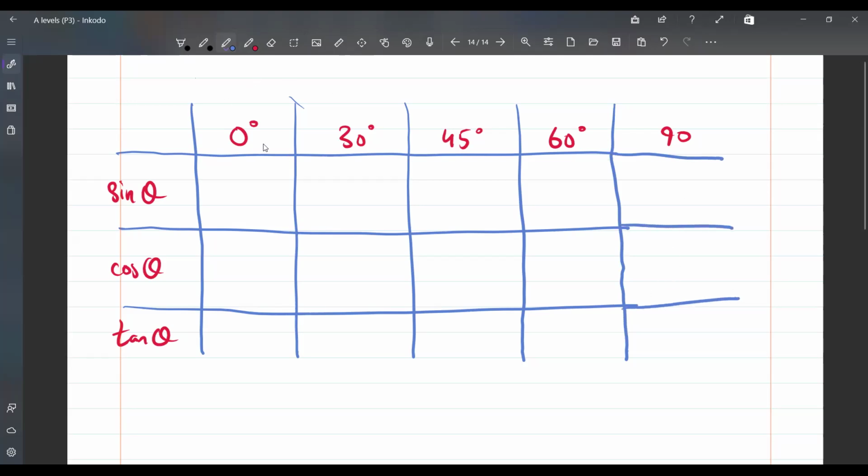And if we write the same values in radians, that would be 0 is 0, and 30 is pi upon 6, 45 is pi upon 4, 60 is pi upon 3, and 90 is pi upon 2. So the values I would be writing are sine 0, sine pi upon 6, sine pi over 4, and so on, and cos 0, cos pi upon 6, cos pi over 4, and so on and so forth. And same goes for tan.